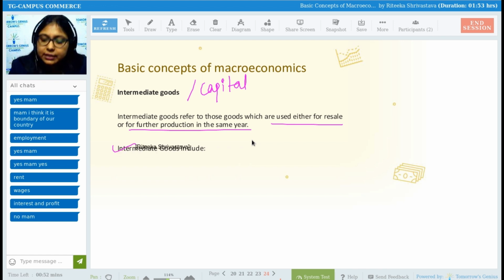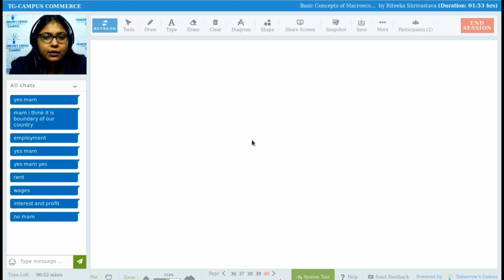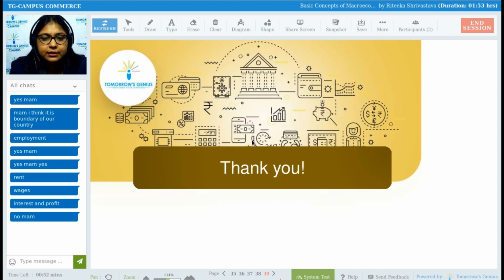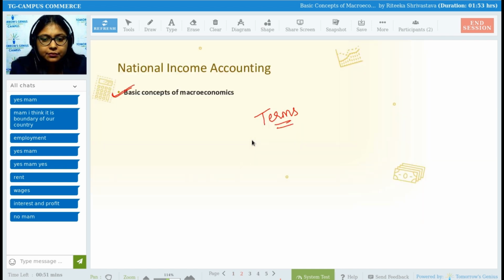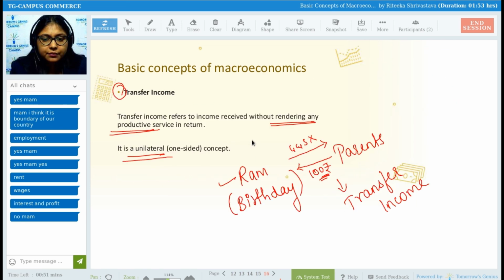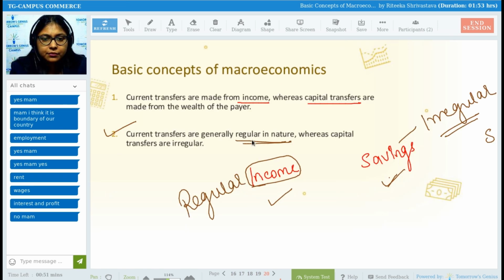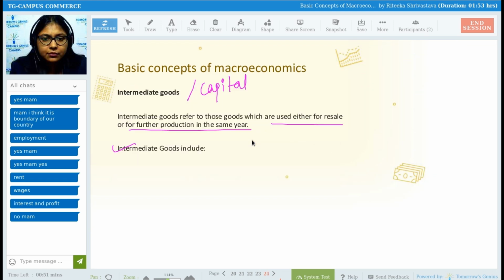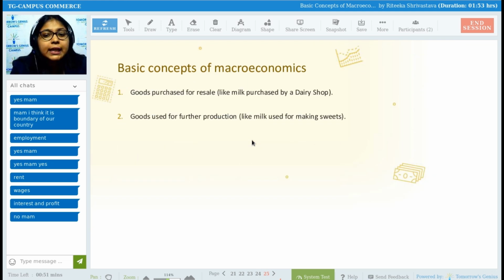So what does intermediate goods include? Let us see. Intermediate goods include goods purchased for resale, like milk purchased by a dairy shop.